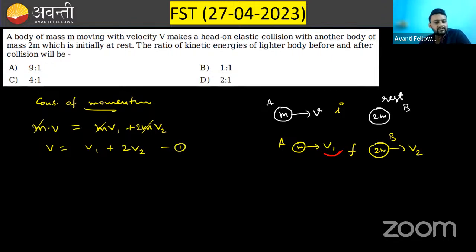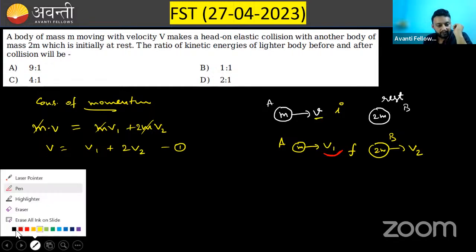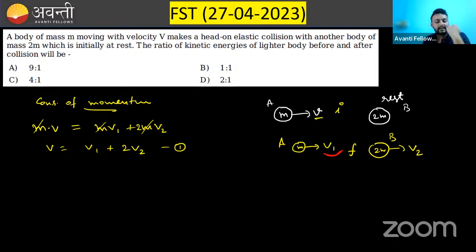How many unknowns are there in this equation? You can say V is given in the question. That means V1 and V2, there are two unknowns. So we have to make one more equation. And one more equation that I can make is from the relation that velocity of separation is equals to velocity of approach in case of elastic collision.